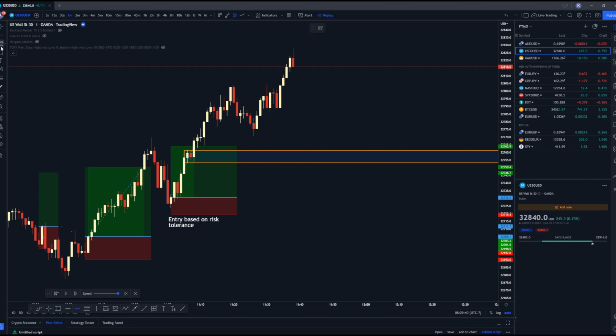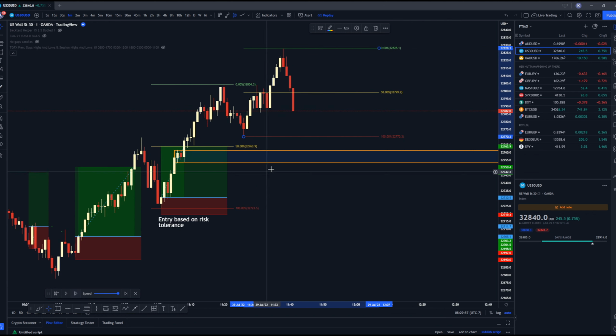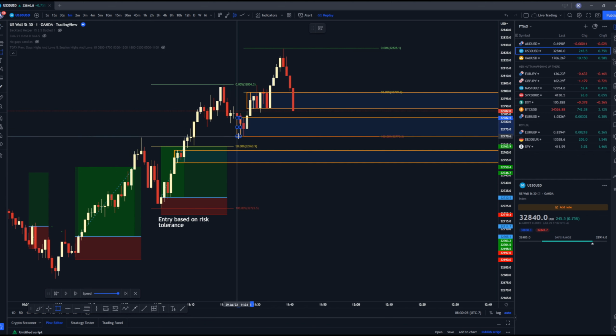I should have written this down. Let's say we had a range from here to here. We never got a 50% pullback. Then we have another range from here to here. Let's see what happens, because I need something to fail. We had the zone of demand here, and let's say this zone of demand fails, and possibly this one fails.